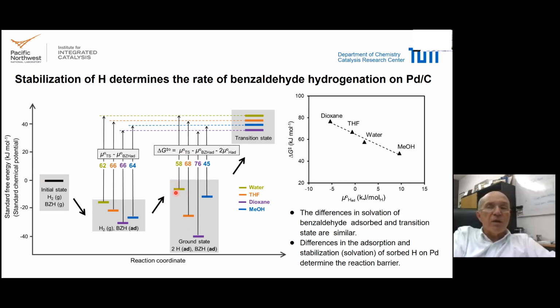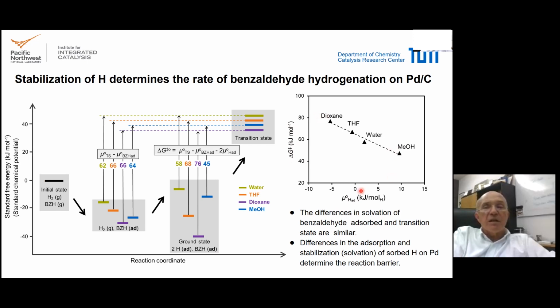And really, this is what you see over that part. You see that dioxane has the lowest standard chemical potential of adsorbed hydrogen, and it has the highest barrier for the hydrogenation.